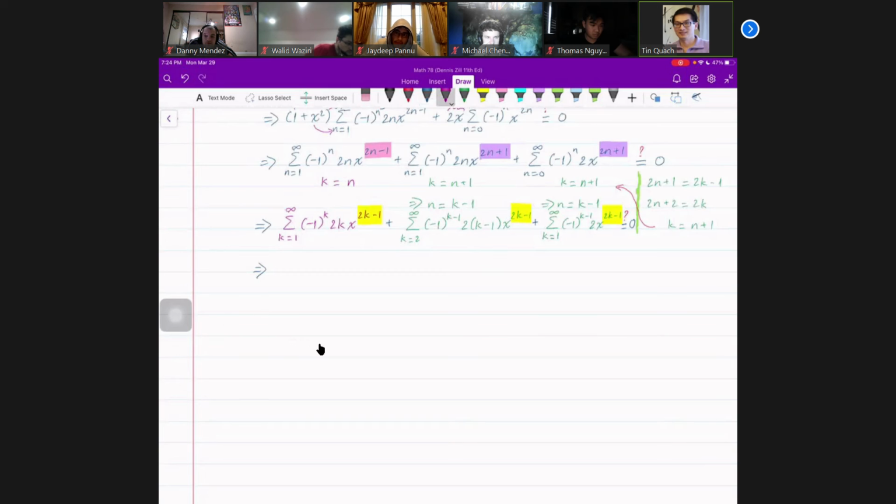When k is equal to 1, I get negative 1 to the first power, 2 times k, which is 1, and then x to the 2 minus 1, which is 1. And then plus, now it starts at 2. And then the next series stays the same because you already have k starting at 2.